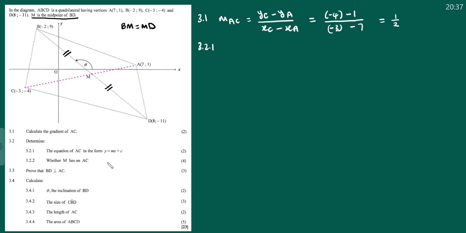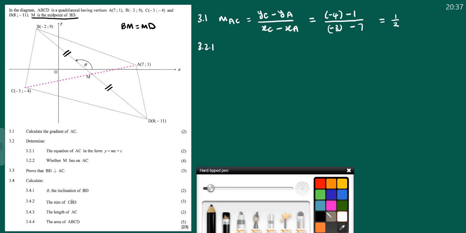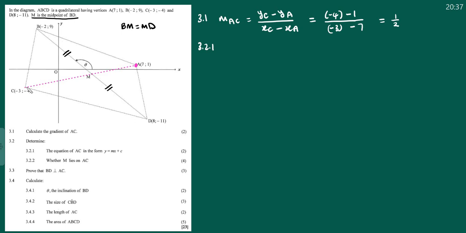3.2.1 then says determine the equation of AC in that form. So to get the equation of AC, let's look at AC. This is A here, and then this is C. Now we drew a dotted line just to indicate that this is our AC. Now we want its equation.